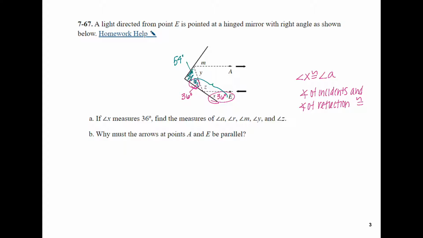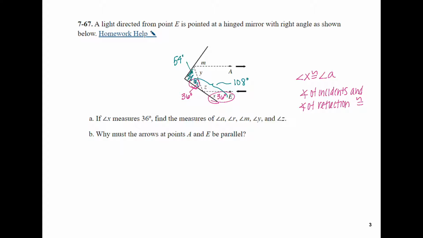because they form a straight angle. So if I take 180 minus 36 minus 36, that will tell me that angle Z is 108 degrees. I also know that my corresponding angles should equal 180 degrees.